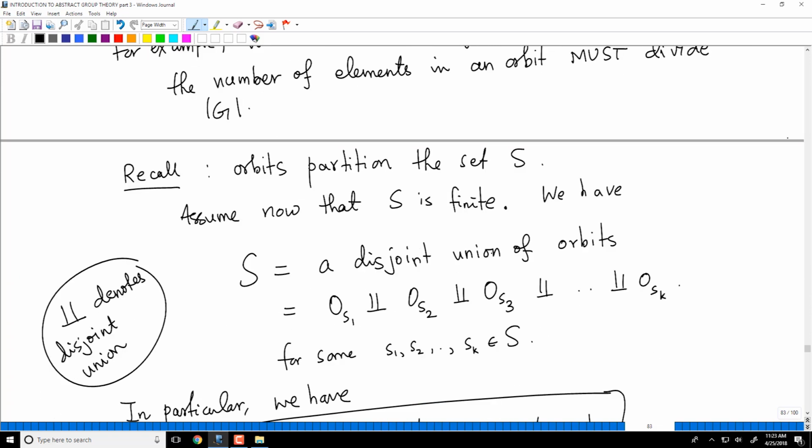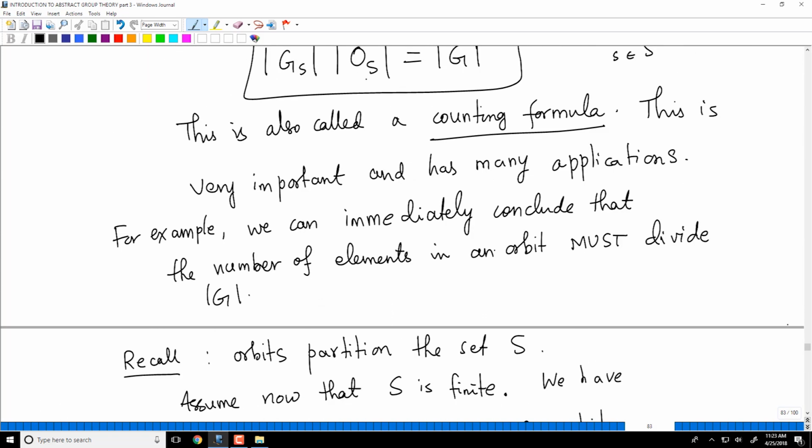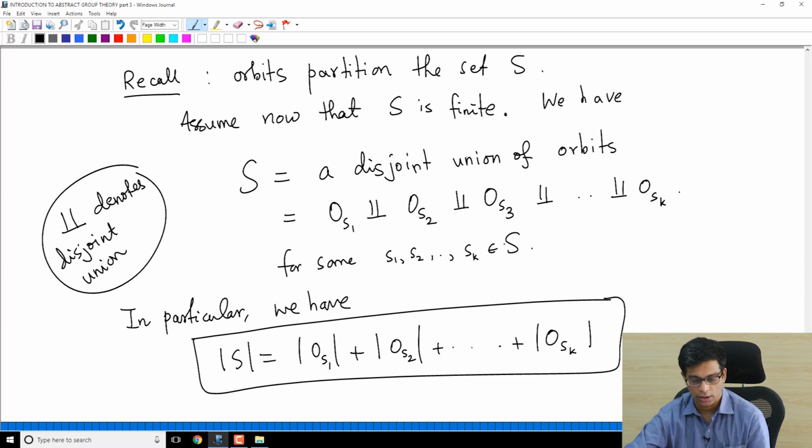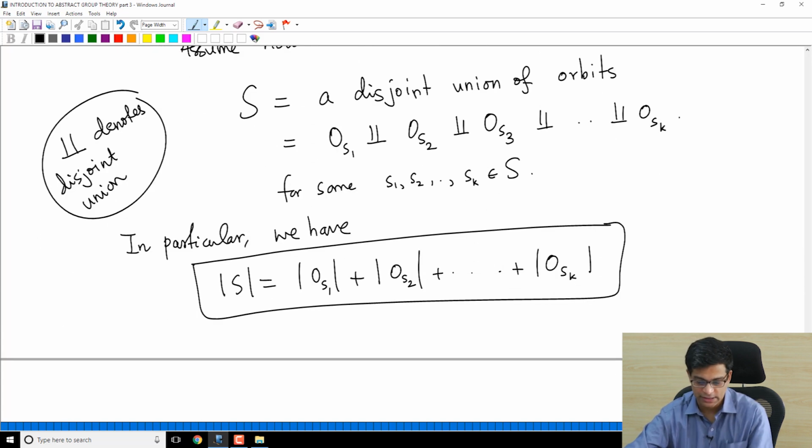This in particular says, as one consequence, that the number of elements in an orbit must divide the order of the group. And another way of using the partition of S into orbits is that if S is a finite set, the number of elements of S is equal to the sum of the number of elements in some orbits, and each orbit size divides the order of the group.